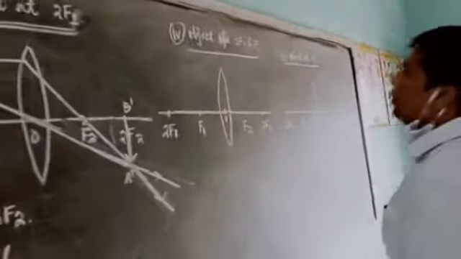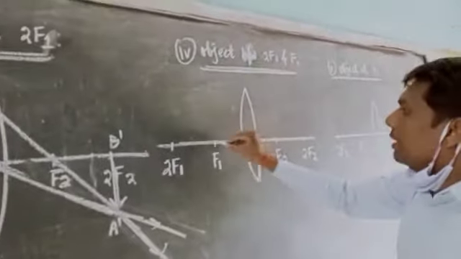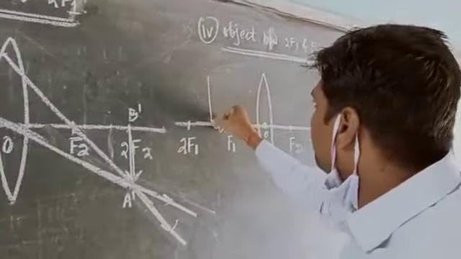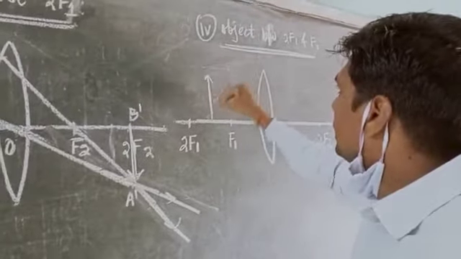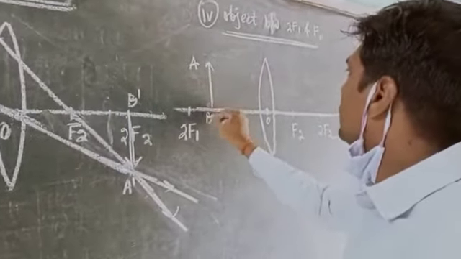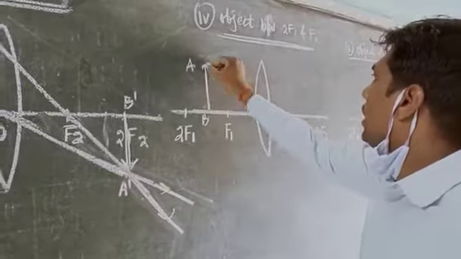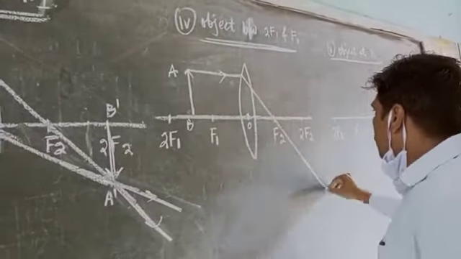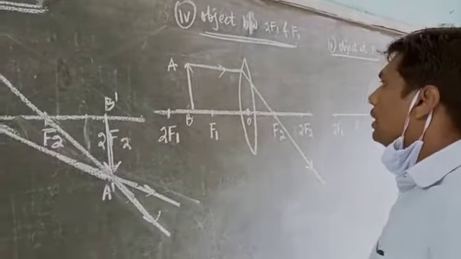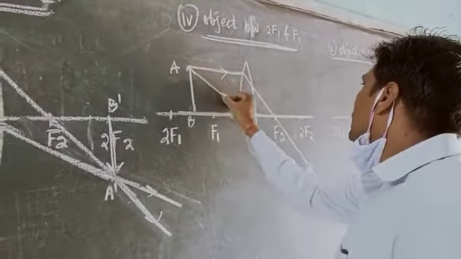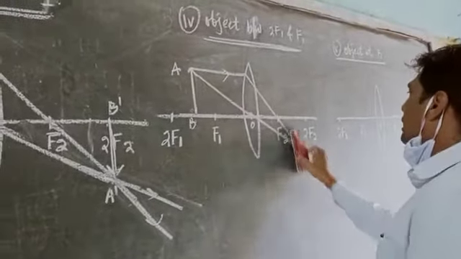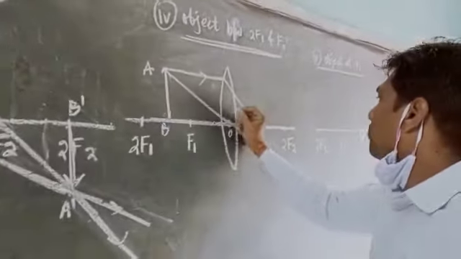Then the fourth case, when the object is between 2f1 and f1. Suppose this is A and B, the object. The first ray, which is parallel to the principal axis, after striking, passes through the principal focus. The second ray passes through without deviation.